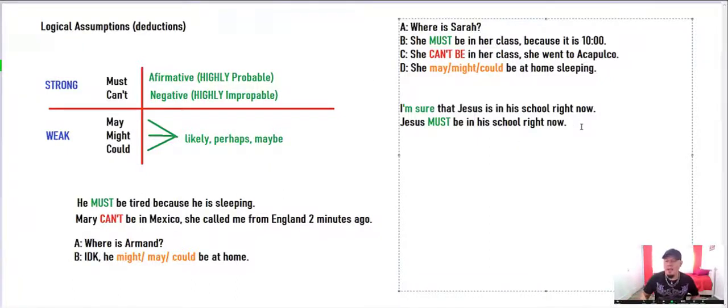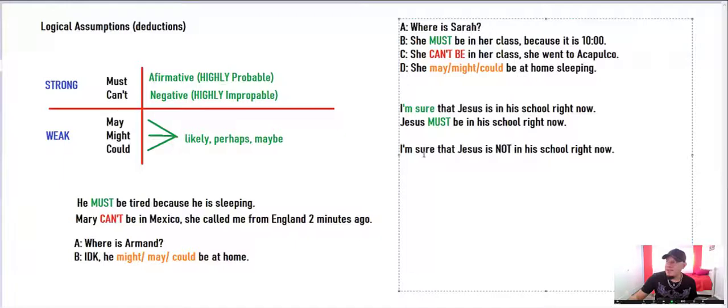Now check what happens in this case. Imagine that I would use the same example, but with a little change. And that I say, I'm sure that Jesus is not in his school right now. What's the difference?